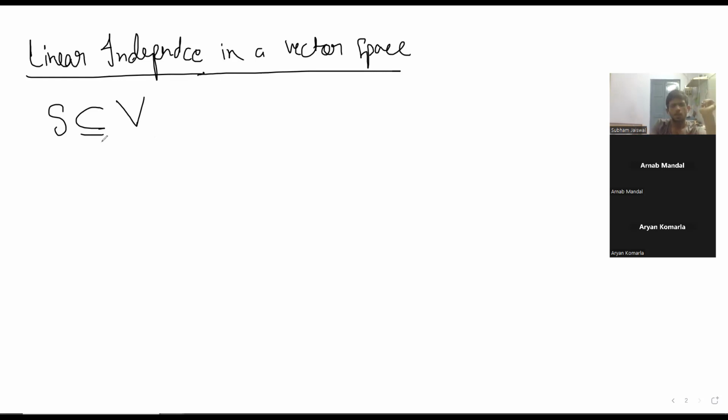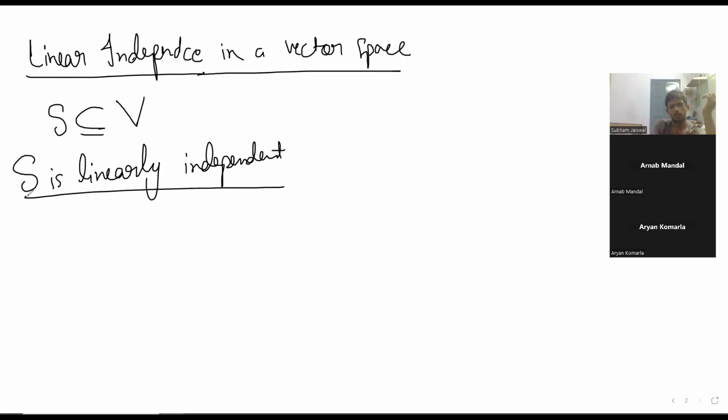Yeah. So, Arnab, can you tell us what's the definition of linear independence for a set S? Given a set S, when do we say that S is linearly independent? Or if you know any setup, you can say. Okay.